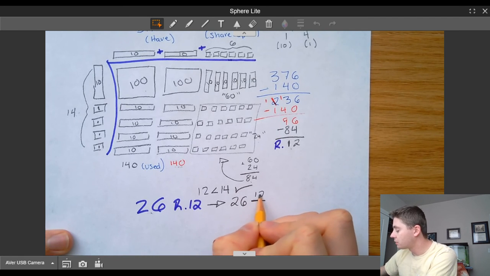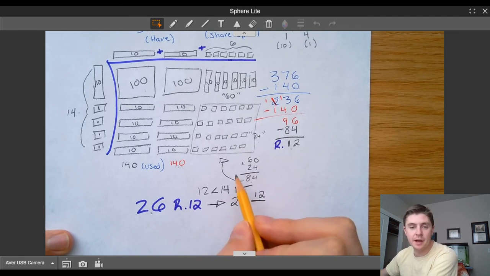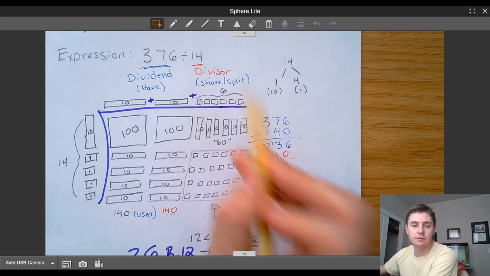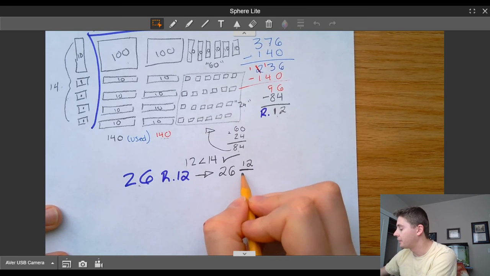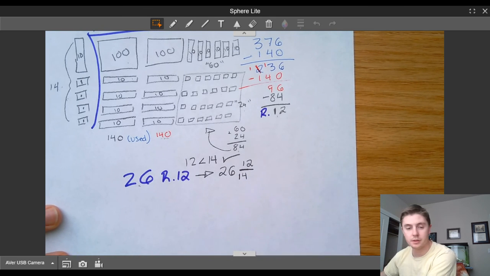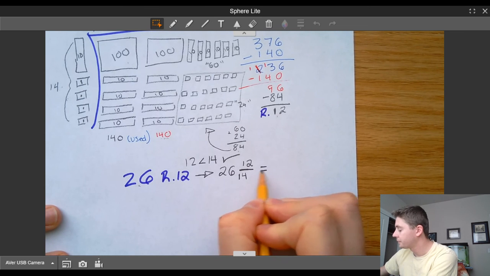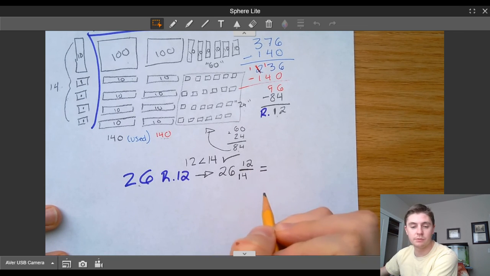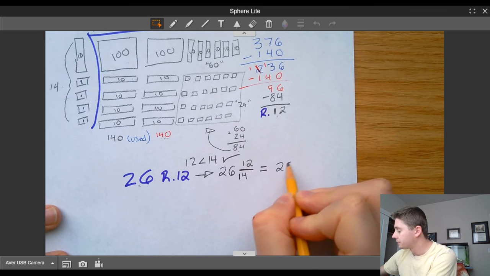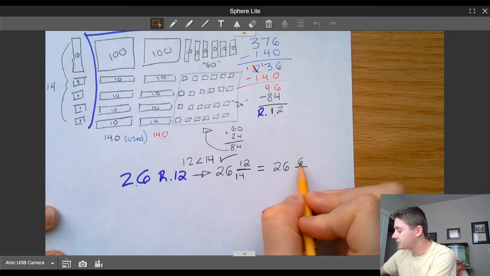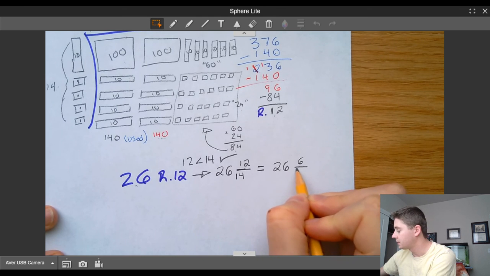I have 12 left over, and I was originally dividing by 14. I was splitting it into 14. So that's what my denominator actually becomes. If I wanted to show this one more way, I could simplify 12 fourteenths. Half of 12 is 6, and half of 14 is 7.